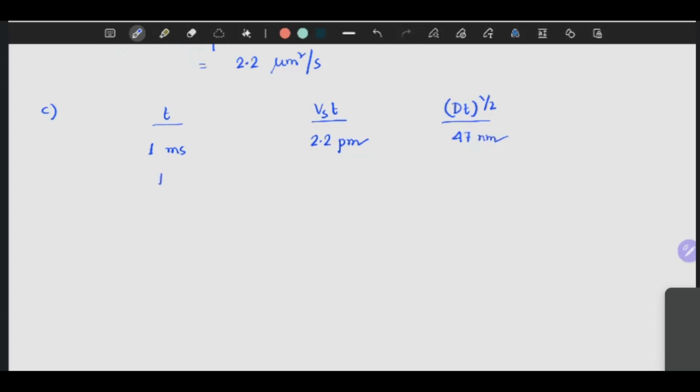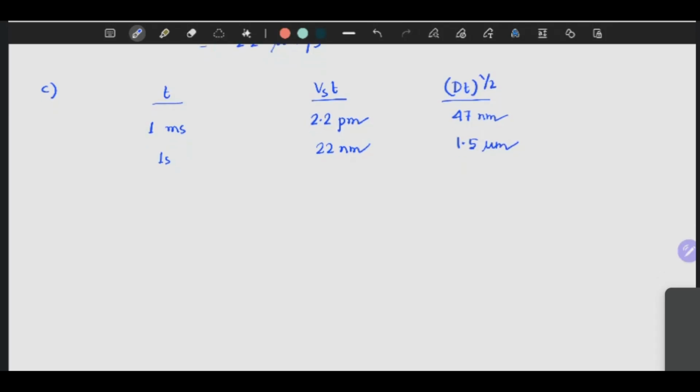For 1 second this will be 22 nanometer, and this will be 1.5 micrometer.